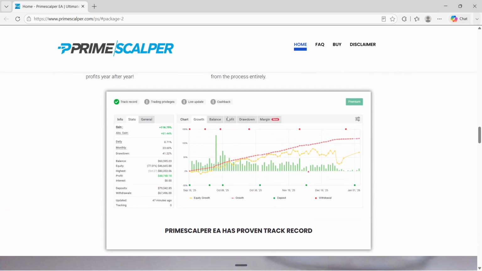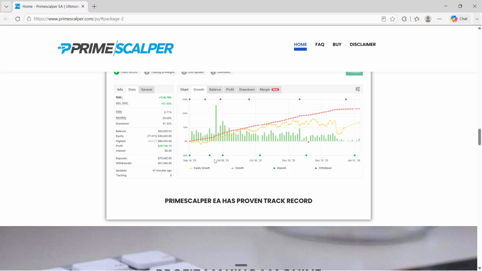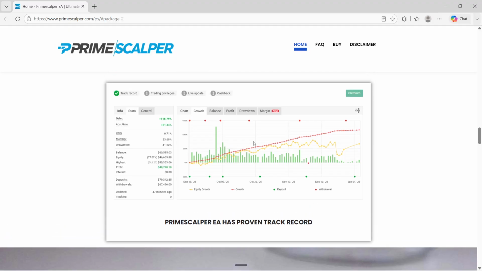Alright, so we can see some screenshots from the developer claiming a proven track record. You can see how the equity curve looks, almost like a sharp line to the upside. And we have a gain of over 100%, 116% to be exact, and a profit of $48,748.